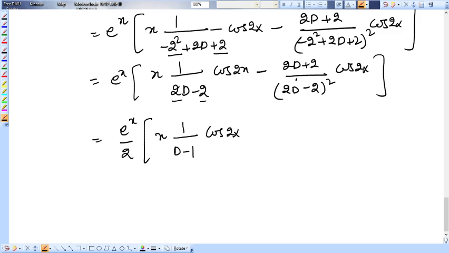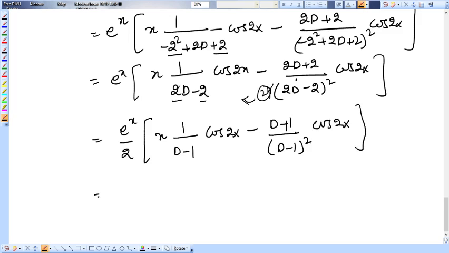From here also, if you take 2 outside of this bracket, you will have 4 in the denominator, then 2 cancels with 4 and we have 2 here. So you will have (D plus 1) in the numerator, and in the denominator (D minus 1) whole square, and cos 2x. In this way it is becoming x.